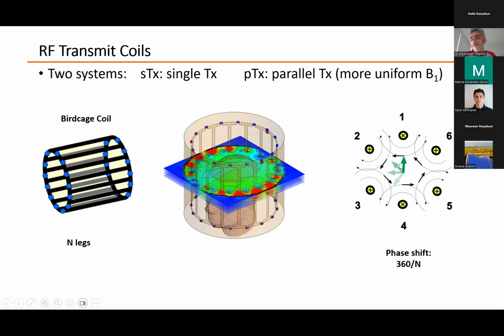In the simpler form here, we have only six legs. In order to have the right circularly polarized field, the transmit signal has to be shifted 60 degrees for each leg. In this case, you see the combination of these arrows creates a circularly polarized B1 field.